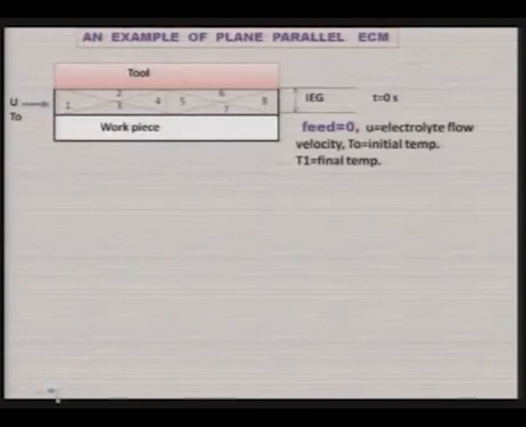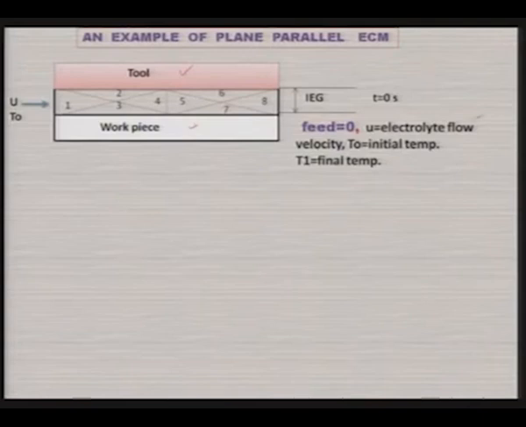Now, not only the drilling operation, you can do the plain parallel electrodes machining. You can see here that this is the tool and this is the workpiece. If you take the 0 feed rate, not necessarily that always you will have some finite feed rate, in some cases you can have the 0 feed rate also.